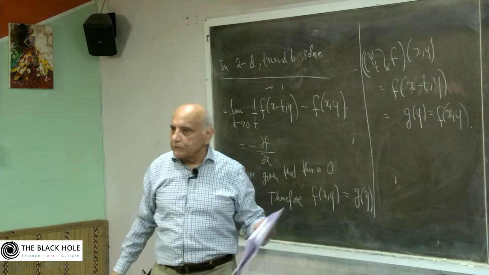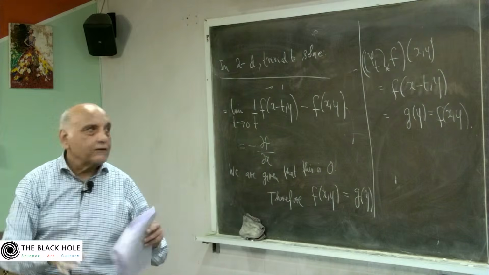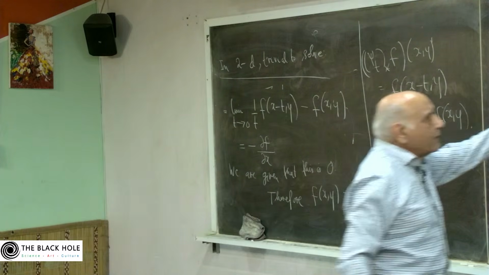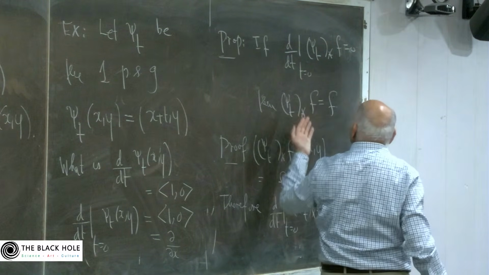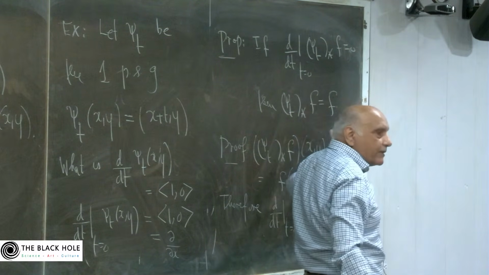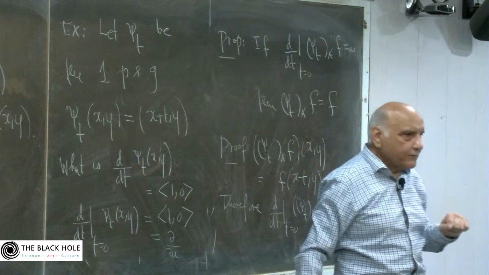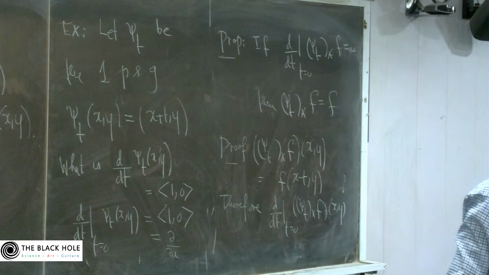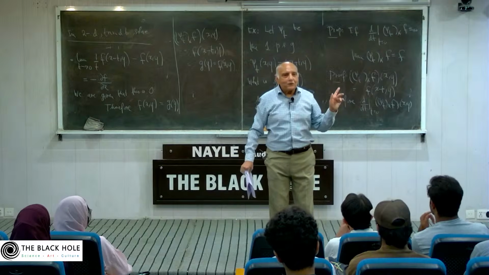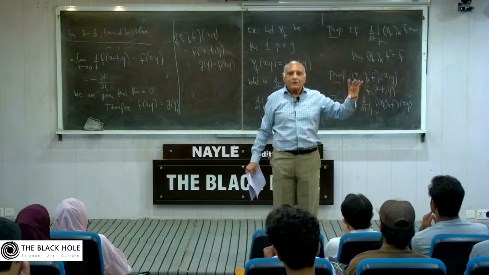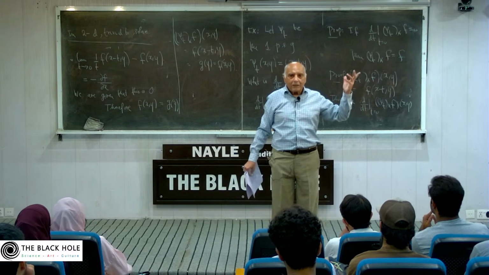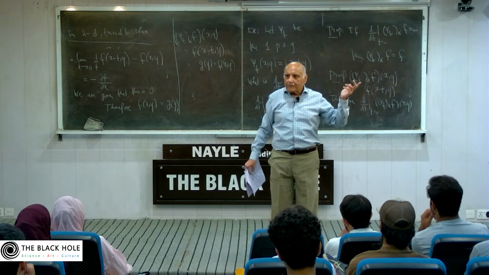Okay. So this means, I know this is called the Lie derivative, if d by dt at t equal to 0 of psi t star f is 0, then this function is invariant under the one parameter subgroup. And remember, I showed you last time that any vector field away from its singularities can be put in coordinates so that it becomes partial by partial x.